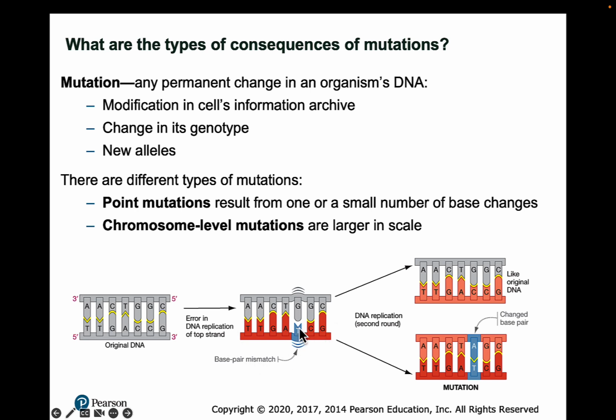Here we have a base pair mismatch that wasn't caught by DNA polymerase, even though this forms a different shape. That mismatch, as the cells are separated into daughter cells, is now a mutation. It's going to get copied into the new daughter cell. And that's how a point mutation could get introduced.